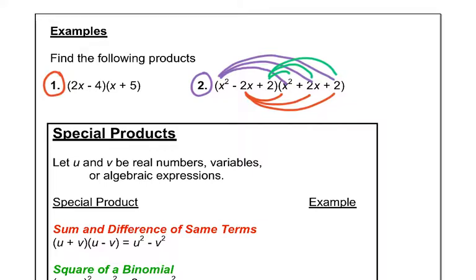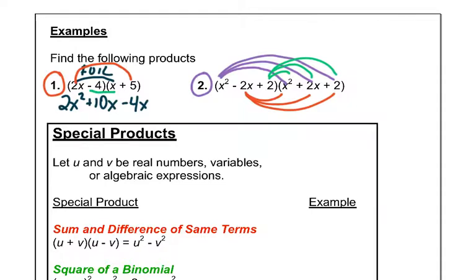All right, number 1, let's FOIL. I see 2x and an x. That's 2x squared. Outers would be my 2x and a 5. That would be plus 10x. My inners would be the negative 4 and the x. That would be minus 4x.